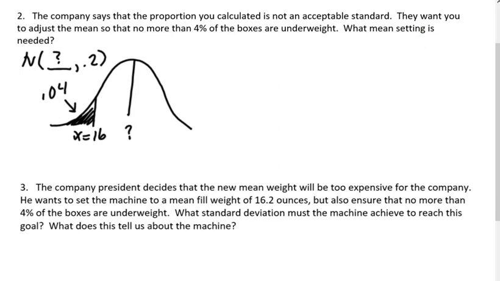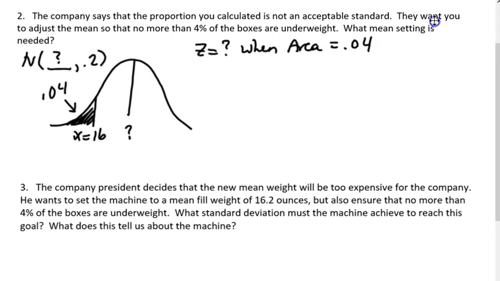Now in order to do that, we're going to have to think backwards. We're going to have to say, if the area is 0.04, what is the z-score? And with that z-score, with this x value and the standard deviation, what is the mean? So we want to know z equals what when the area equals 0.04.